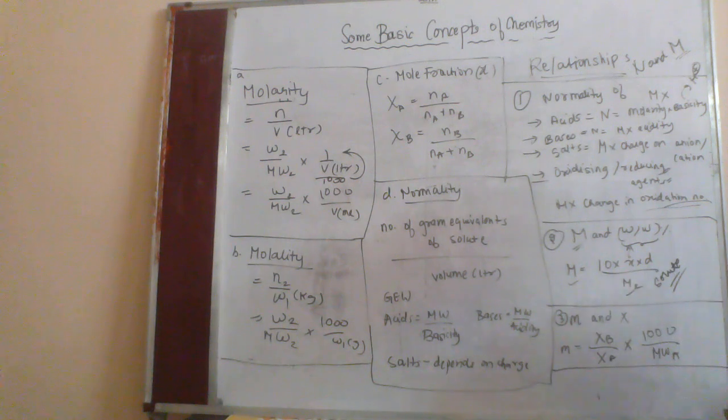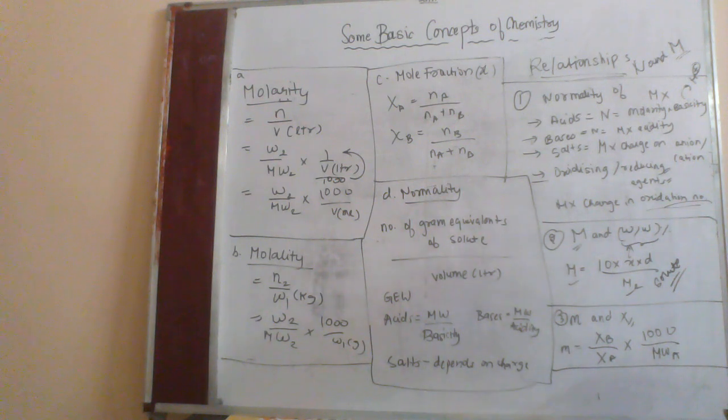Now the third relationship is the relationship between small m and psi, that is molality and X, that looks like X, that is mole fraction. Molality is equal to psi B by psi A into 1000 by MWA. Now what are these terms?